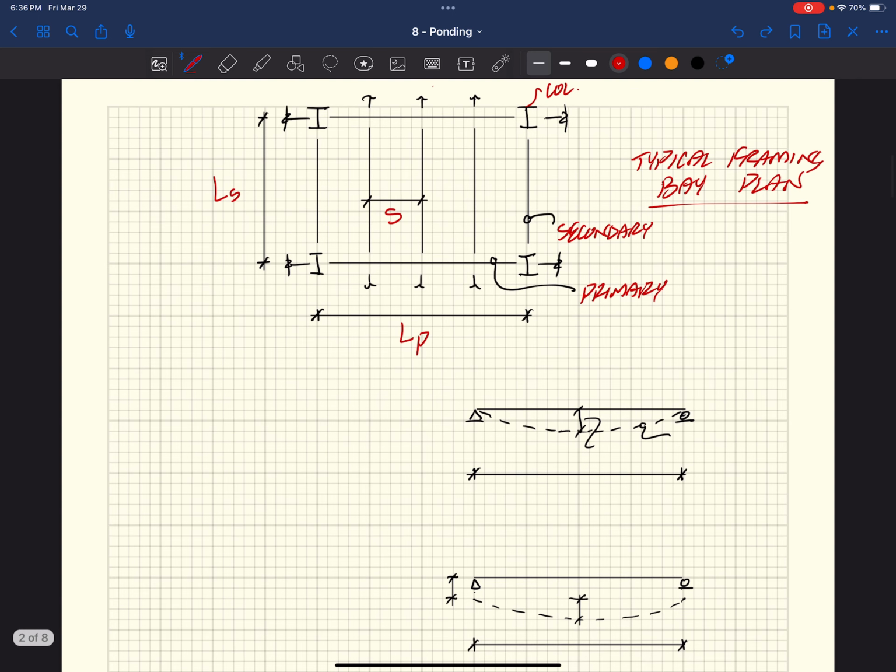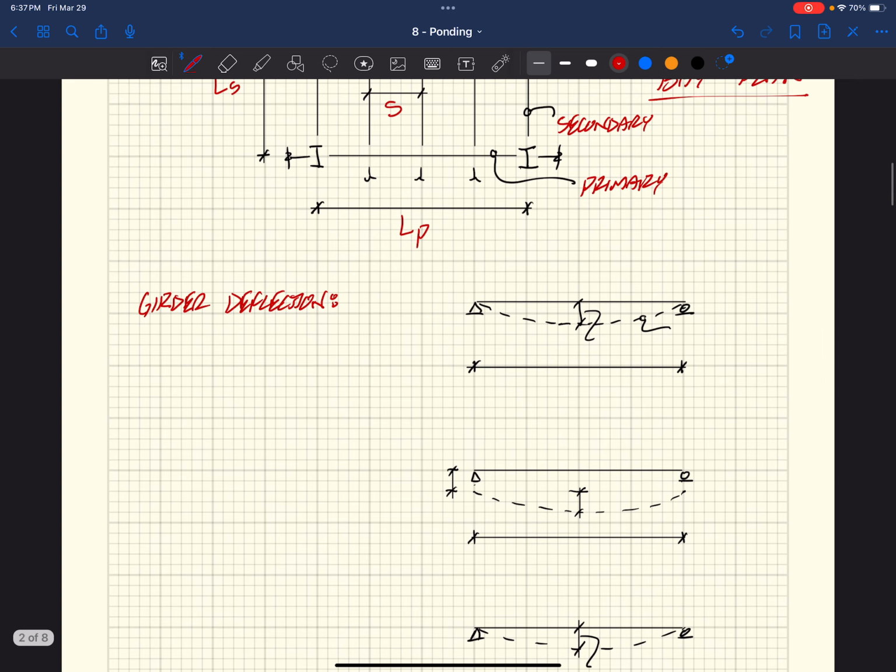So if we look at deflections for this system, we can start by looking at the girder deflection. Okay, so we look at the girder deflection. We're going to have a uniform load over a span of L sub P, right?